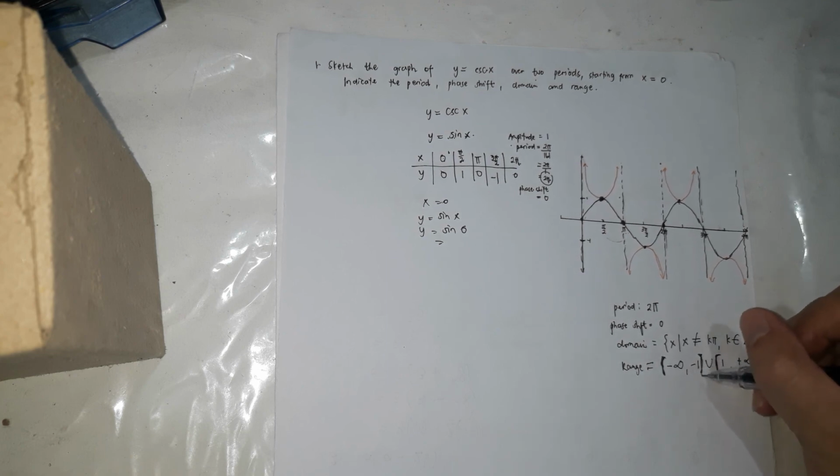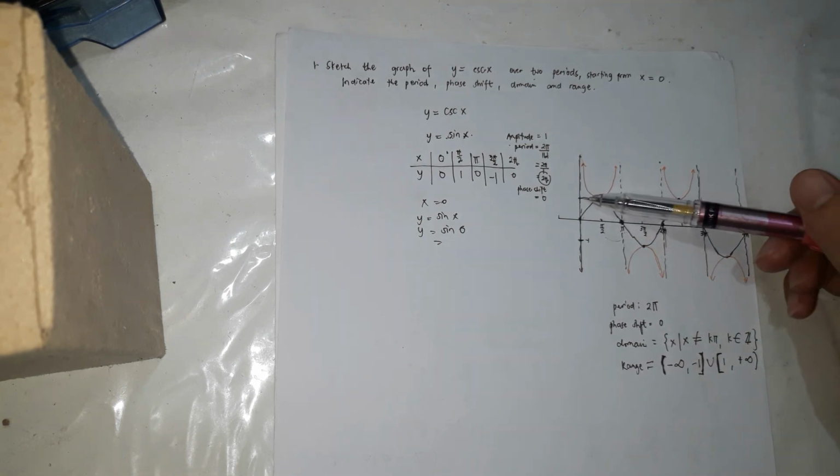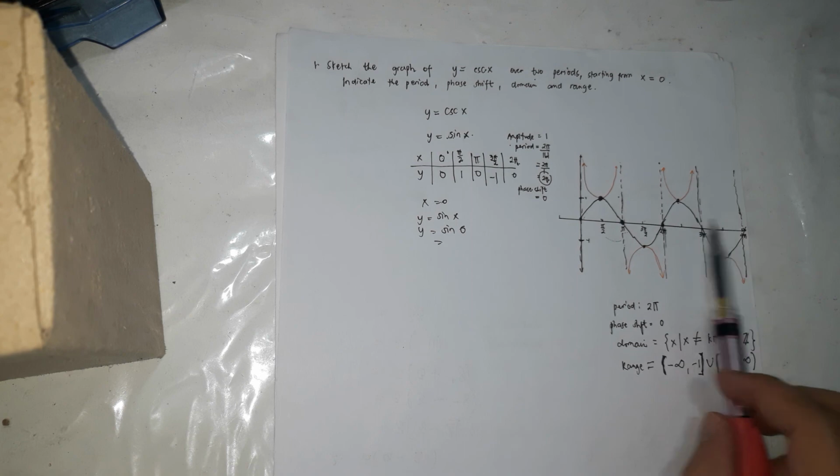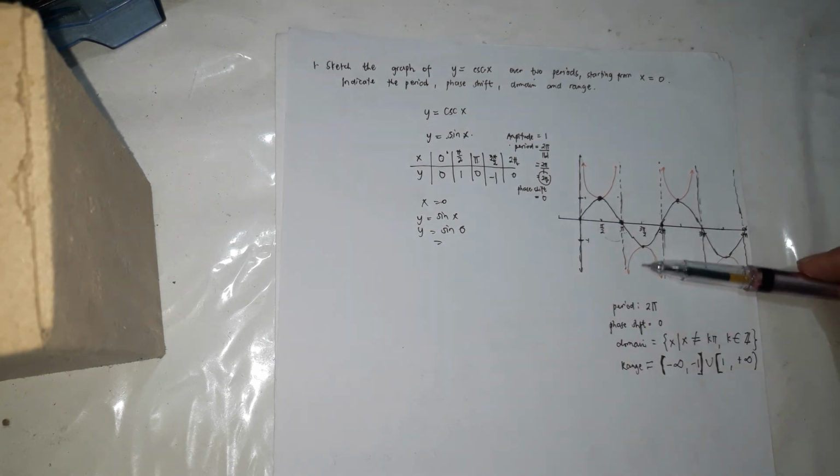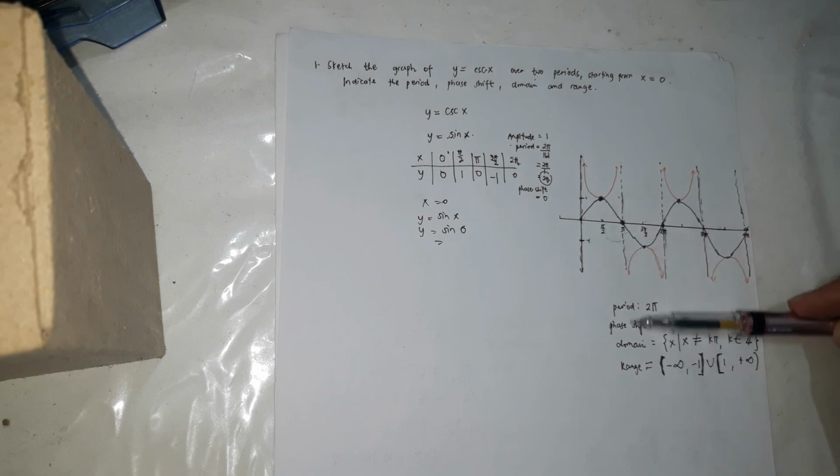Bracket pala dito, bracket, kasi kasali ang 1. Bakit ganyan? Kasi dito, di ba, sa gitna, wala lang values. Walang graph dito ang cosecant. That's for sine. Dito siya sa taas lang ni negative 1, sa taas rin ni 1. So, that's the graph of cosecant and secant.